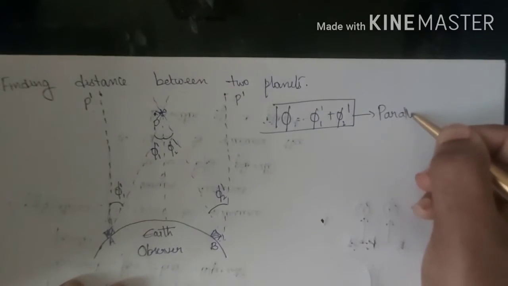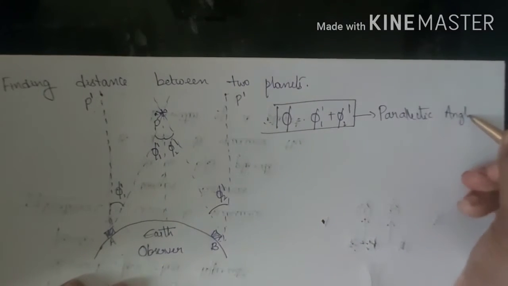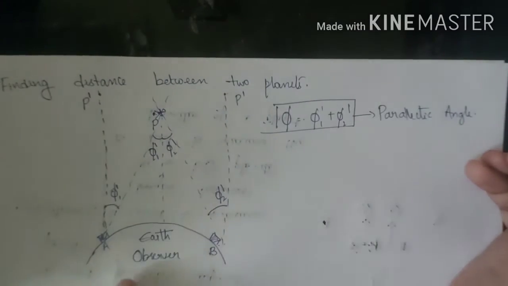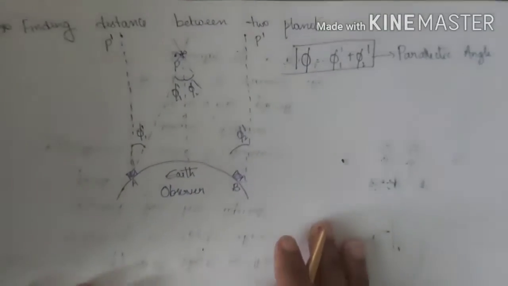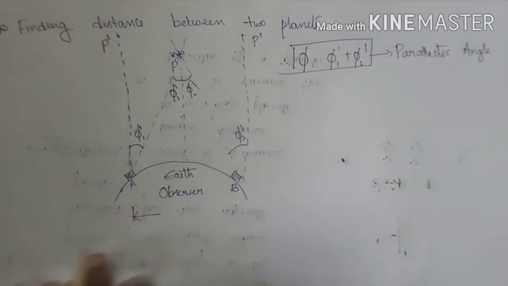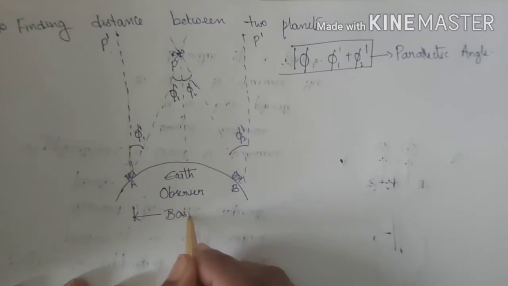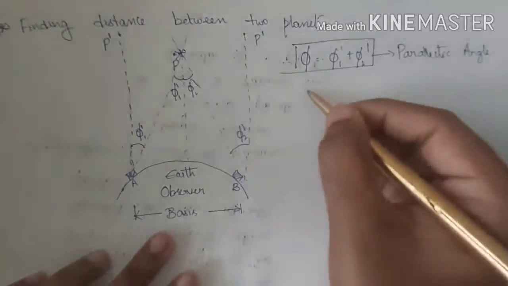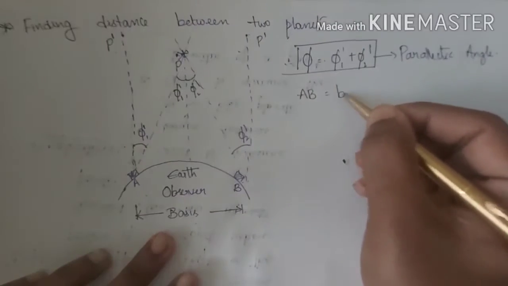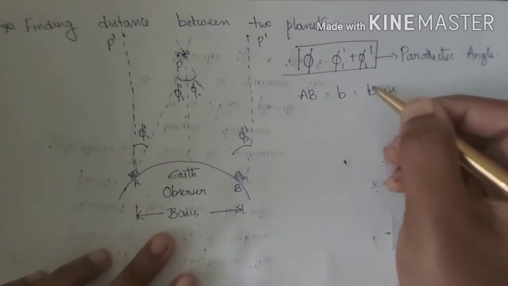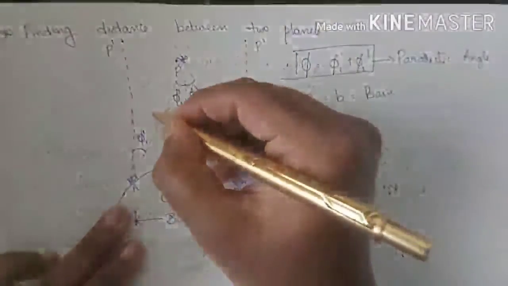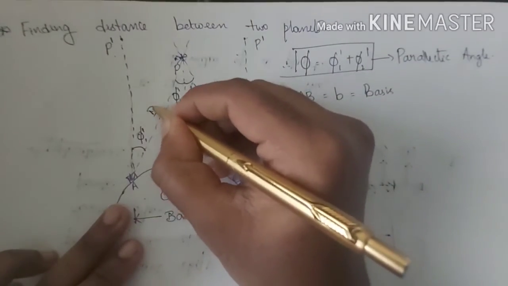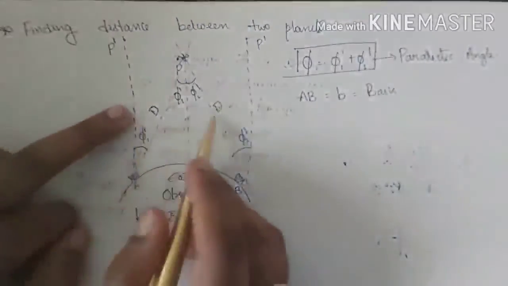This angle is called the parallactic angle, which is used to obtain the distance between the Earth, the observer, and P. The distance between these two observatories, AB, is called the basis. So AB is equal to small b, the basis. The distance is given by capital D.